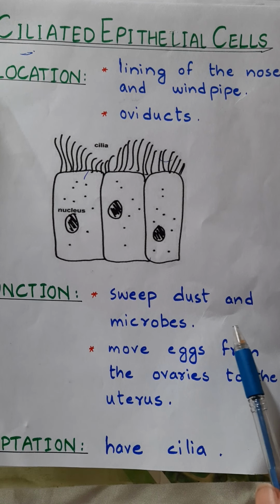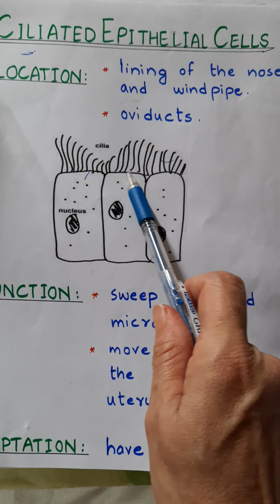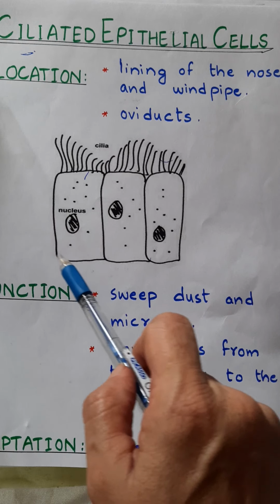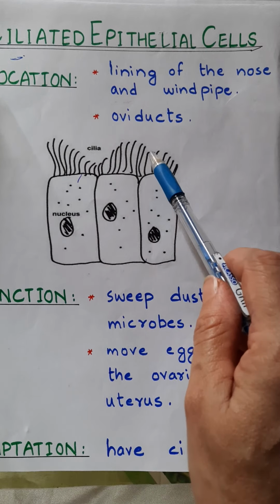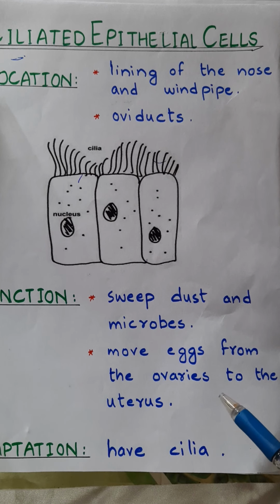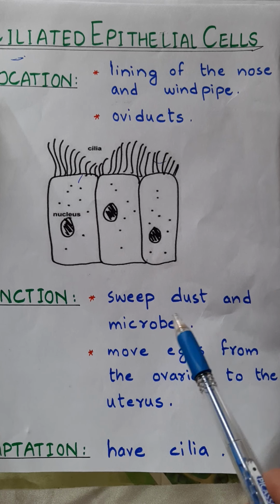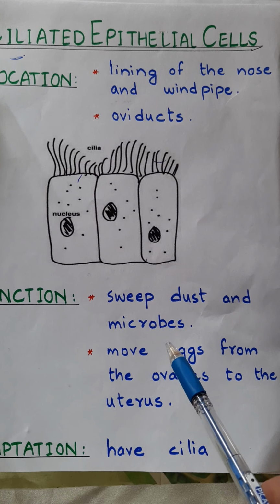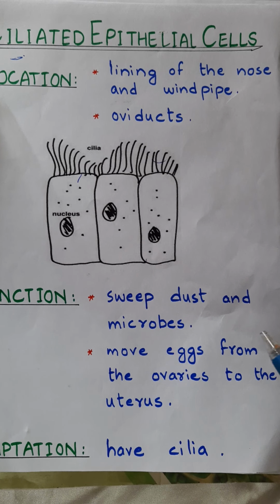How? All because these cells have hair-like structures called cilia. See this, if this is the lining inside the nose and these are the cells, these are the cilia. What are cilia? Cilia are the hair-like structures which are present in these epithelial cells. They sweep away the dust and the microbes that may enter inside the body and cause harm to you.